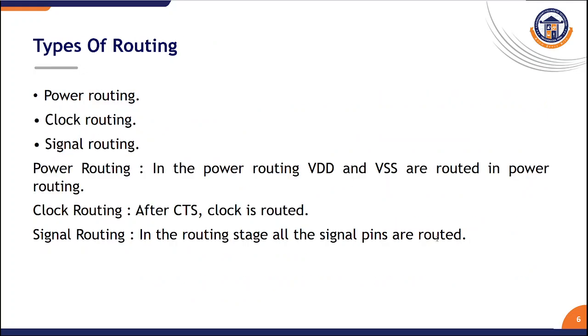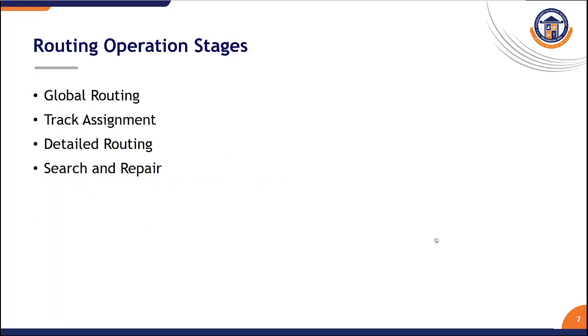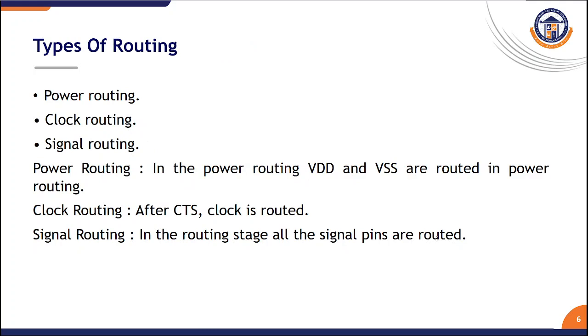And the next one is the types of routing. There are three main types of routing in VLSI design: power routing, clock routing, and then signal routing. Each type has a different purpose and is handled carefully by the tools. The next one is power routing.